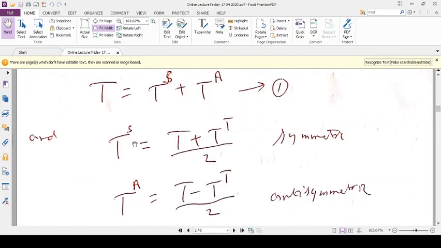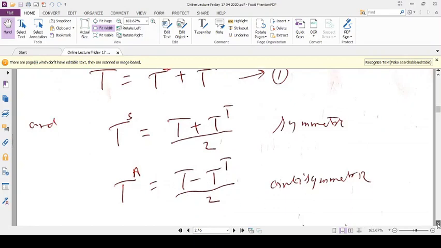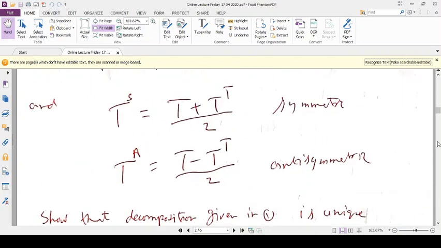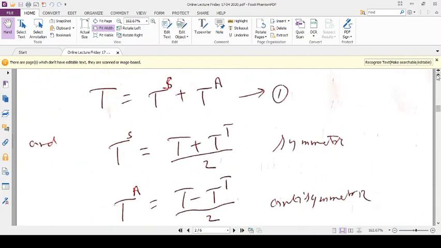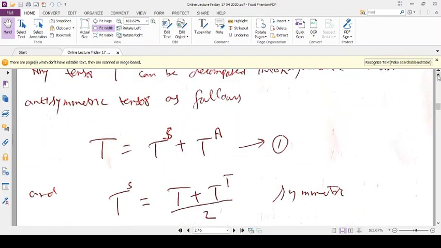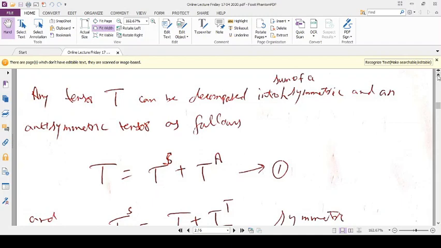This would give you the symmetric part, and this would give you the antisymmetric part, which is T minus T transpose divided by 2. And keep in mind that this decomposition of tensor T as a sum of symmetric and antisymmetric tensors is unique.